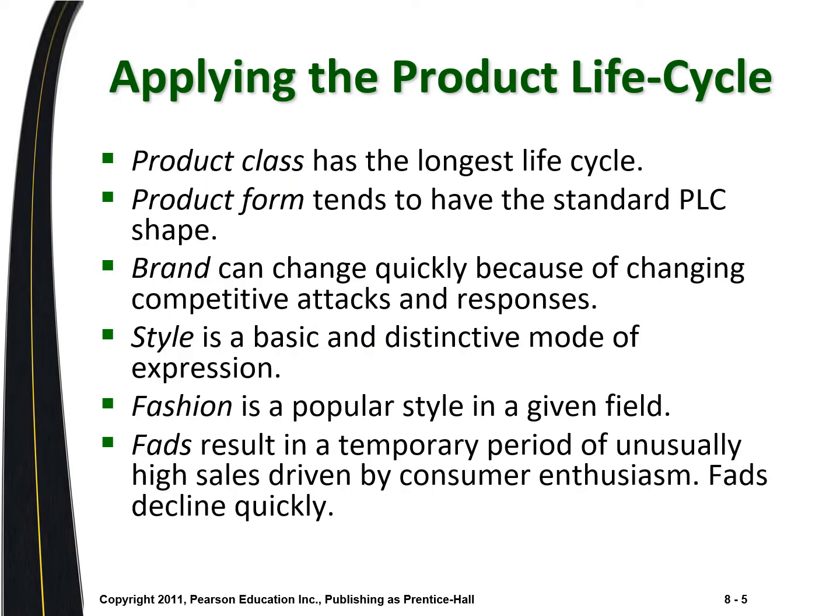So, what are these different types of things that we could be putting out there, and what is a typical product life cycle for each of them? The first one is the product class, and this usually has the longest life cycle. Now, what needs to be explained here is what a product class is. A product class is something like gas-powered cars. It could be something like frozen foods.